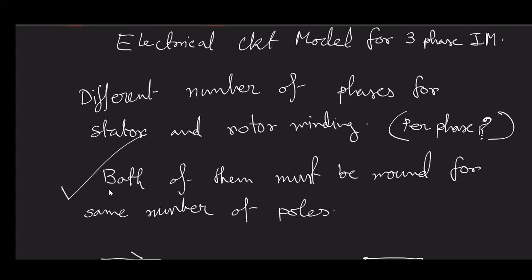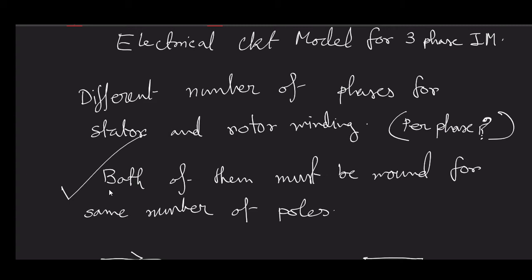And if you differ the magnetic number of poles, there will be mismatch in your magnetic circuit. Try to understand, or rather realize, this very point, this subtle concept: it is not the difference in the number of primary and secondary phases that matters.